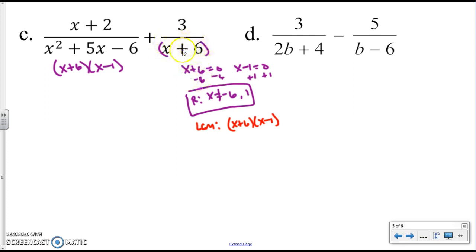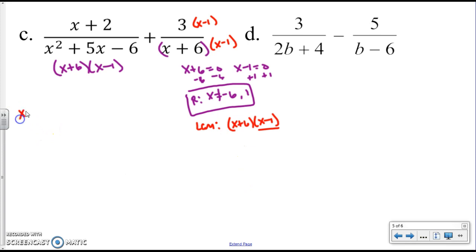So notice I have an x plus 6 in the denominator of the second fraction, and I have an x plus 6 in my LCM, so I'm good. This is my goal. This is what I need in the bottom of both my fractions. We already have it for the first one, but in the second one, I am missing that x minus 1 piece.